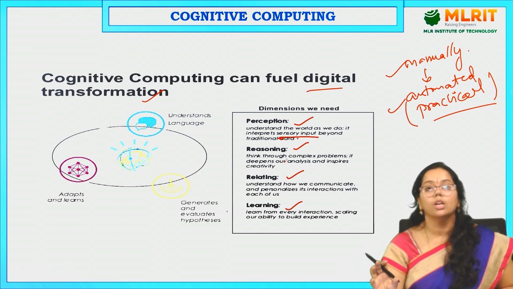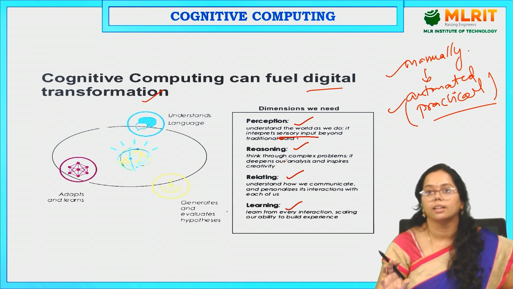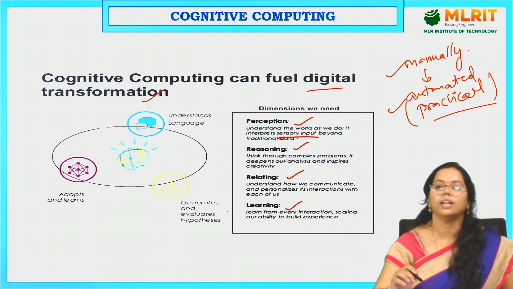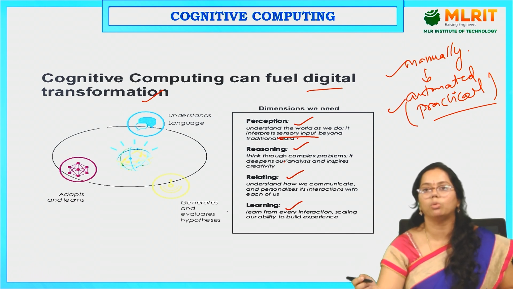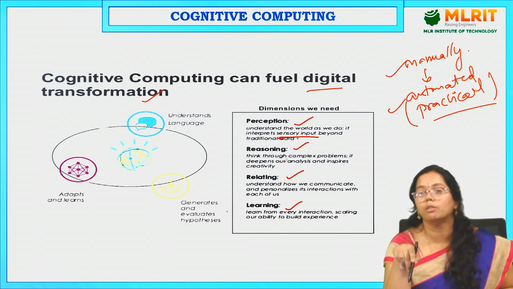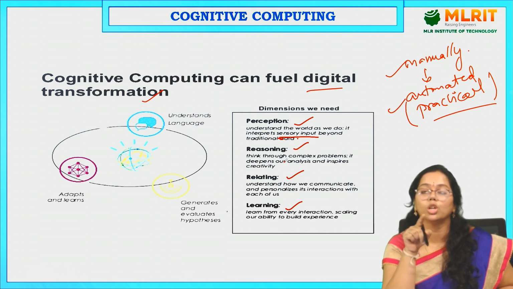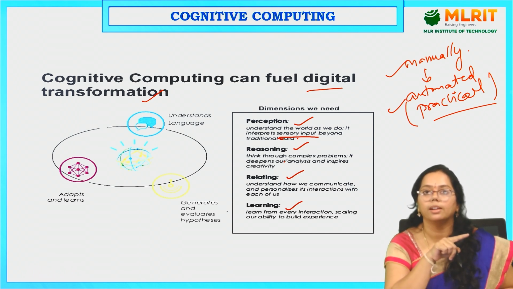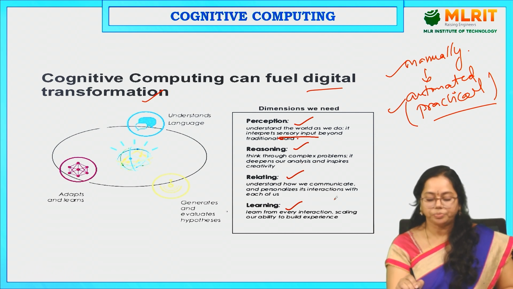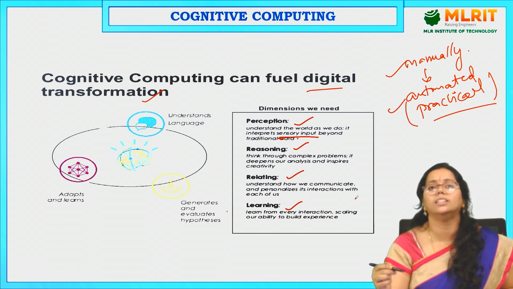For analyzing it, I need to inspire creativity, like doing a trial and error method. If a person is related to pharma or medicine, he has to check multiple combinations of drugs. So that is the reasoning for doing a trial and error method for finding a solution to the problem, right? And the other dimension is relating. How do you relate? How do you understand?